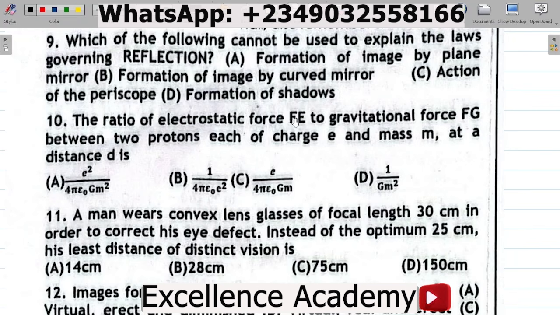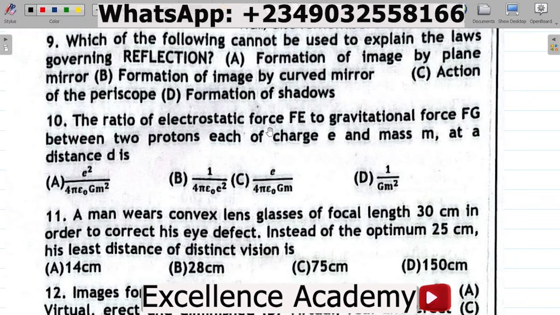This is because shadows are produced by the obstruction of light by an opaque object. By opaque we mean an object that does not allow light to pass through it. So when an object that does not allow light to pass through it blocks out light, a shadow is formed. It obstructs the light rays from the sun and prevents them from getting to the area of shade.